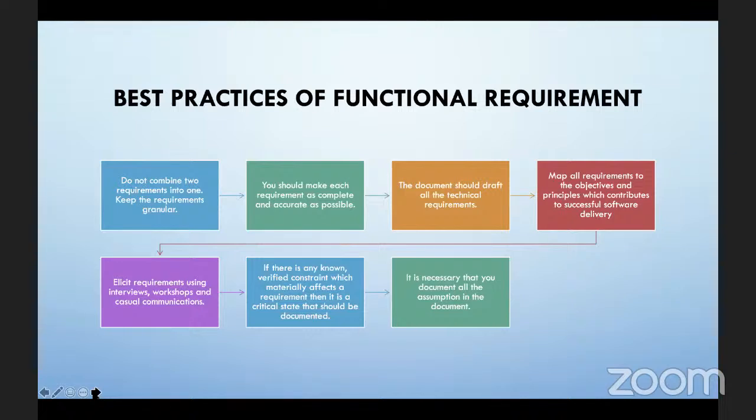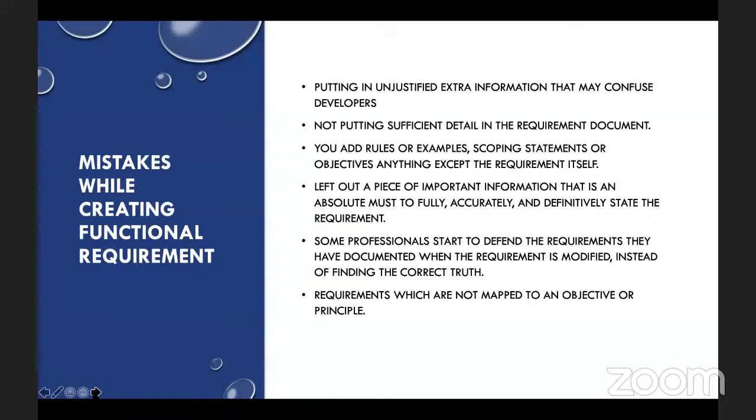If there's any known, verified constraint which materially affects a requirement, it's critical that it be documented. It is necessary that you document all assumptions in the document. These are mistakes that people make while creating functional requirements.